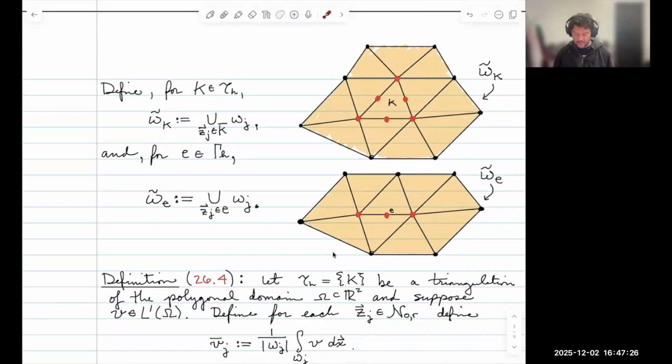You can do the same thing for edge sets. What we're doing in that case is we're just taking the nodes that are in a particular edge. So you're given an edge, it has a number of vertices in it, and then you just take the unions of all the supports for the basis functions relative to those nodes.